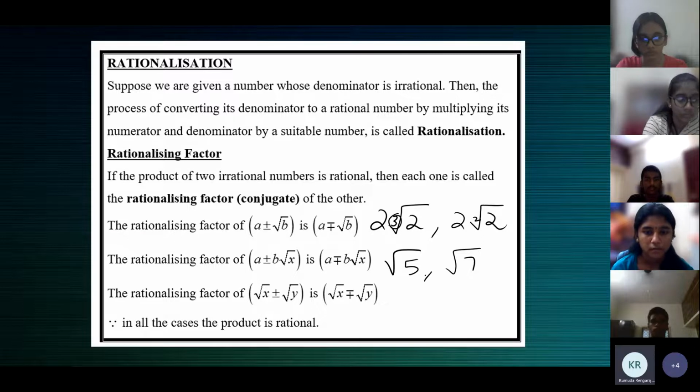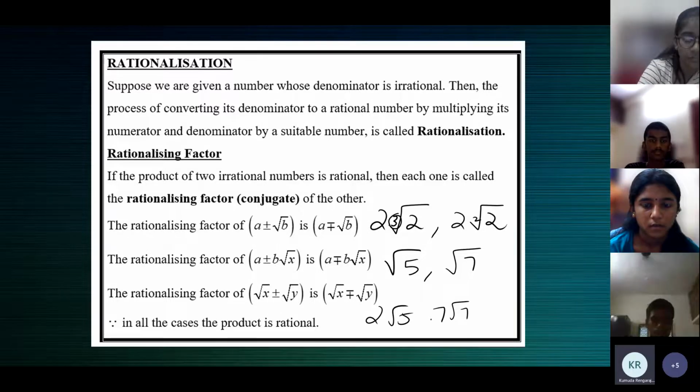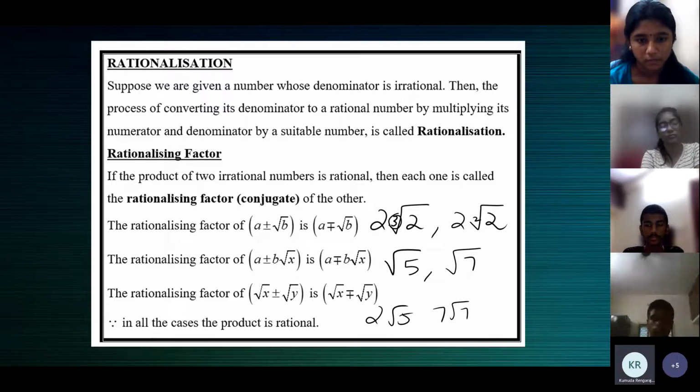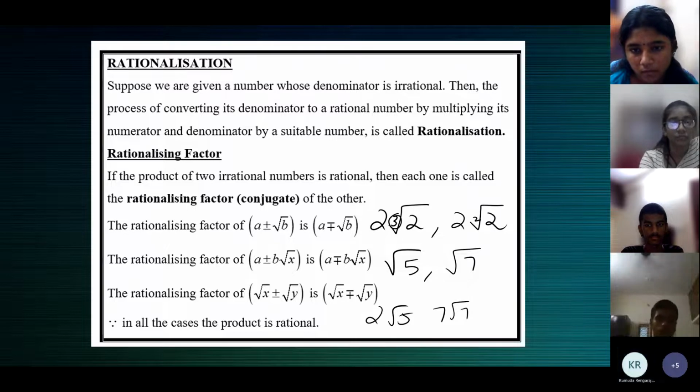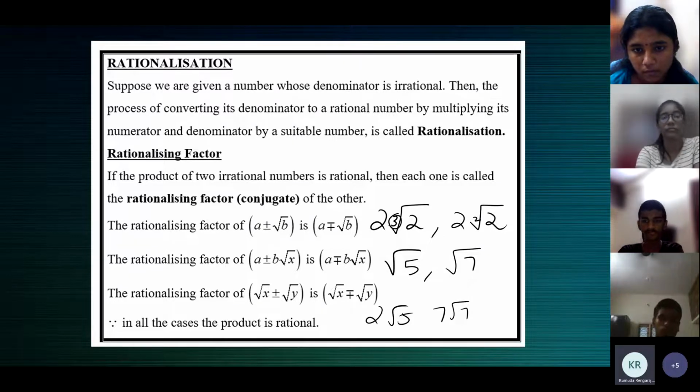Root 5 and root 7. Unlike surds, ma'am. Supposing we had 2 root 5 and 7 root 7. Can you add or subtract these two? No, ma'am. 2 root 5 and 7 root 7 cannot be simplified further. You can multiply them.